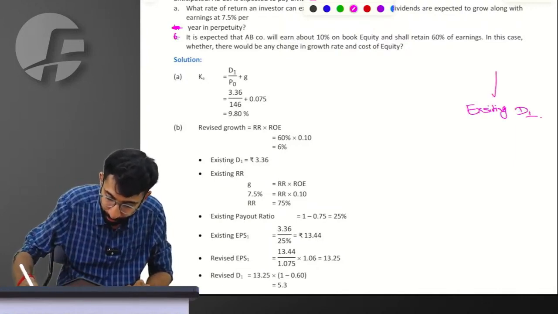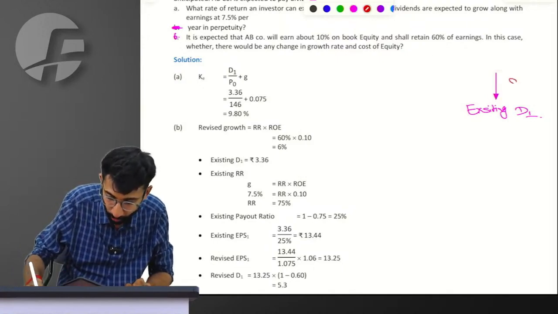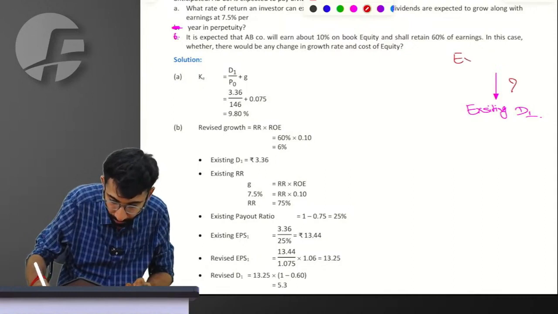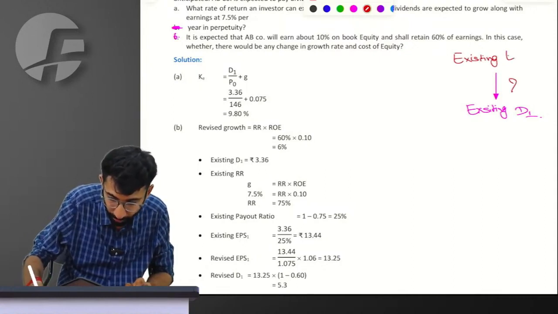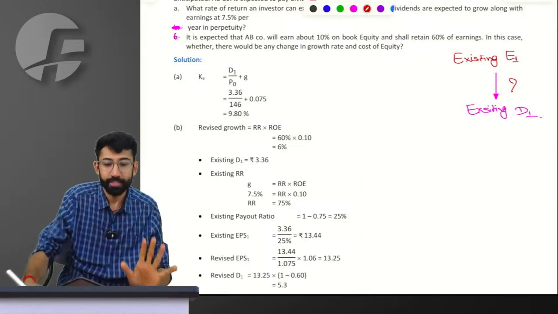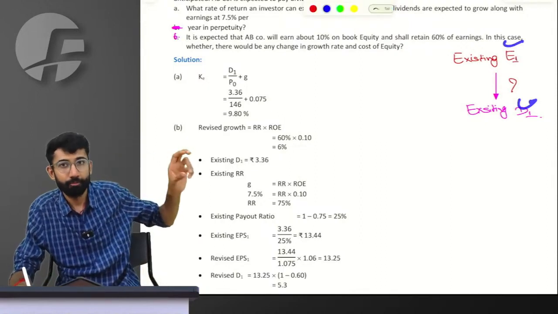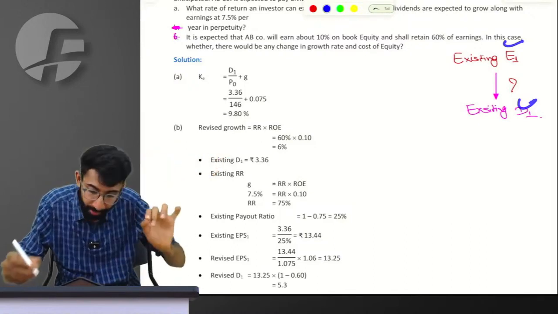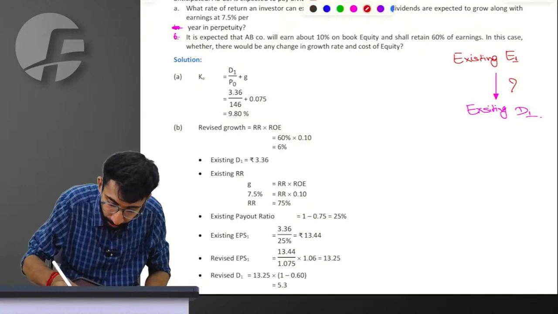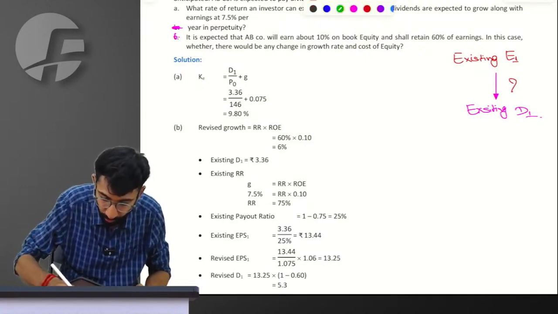Existing D1, everyone in the class, is based on some payout ratio that I don't know.